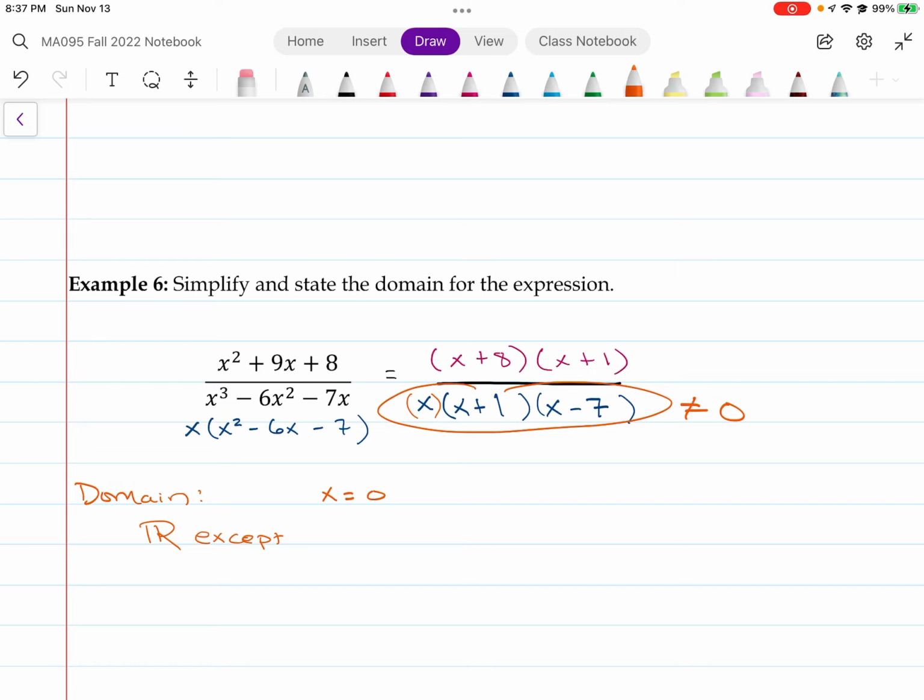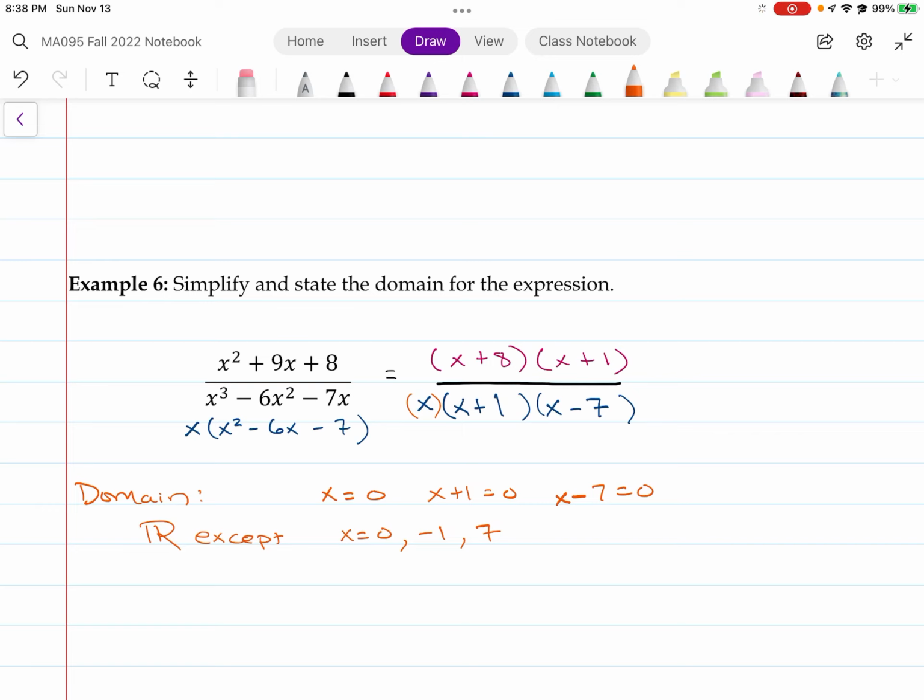So x plus 1 equals 0, and we've got x minus 7 equals 0. Those are all the places that would make the denominator 0. So all real numbers except where x equals 0, where it equals -1, and where it equals 7.